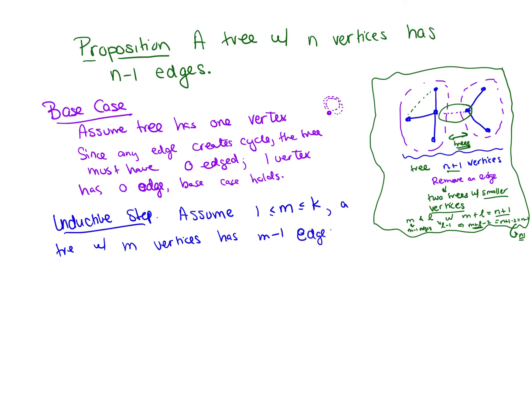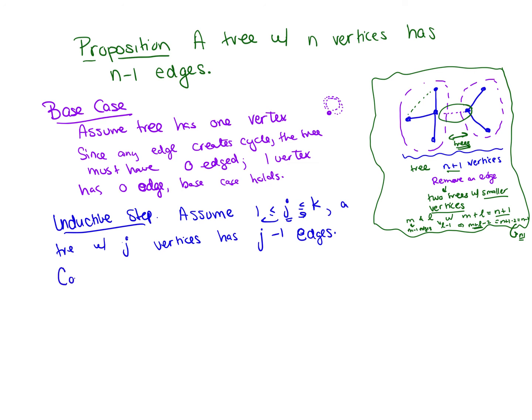And let me go ahead and use a different letter here because I want to use the m in the role I used it in my scratch work. So I haven't used the letter j yet, so let's pop in a j there. Put it here as well. So as long as j is some number between 1 and k, I'm going to assume if it's a tree with j vertices, it has j minus 1 edges.